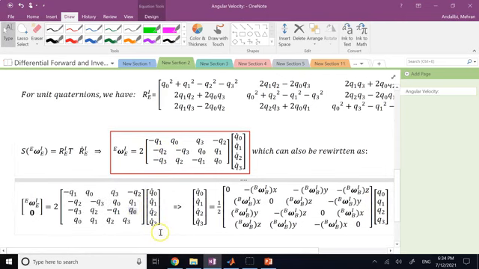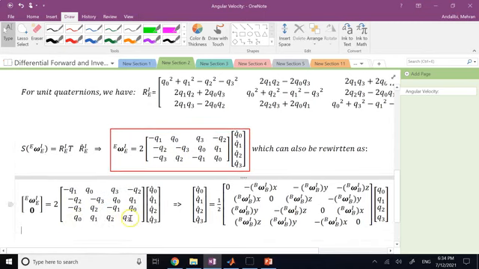So what I did here is the first 3 rows of this matrix, if you look at the first 3 rows, they are exactly these guys. I added 1 extra row, and when you multiply that row by this column of q0 dot all the way to q3 dot, the result should be a vector 0.